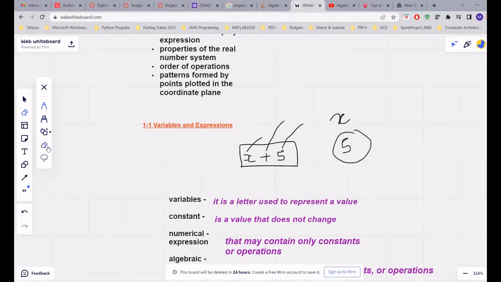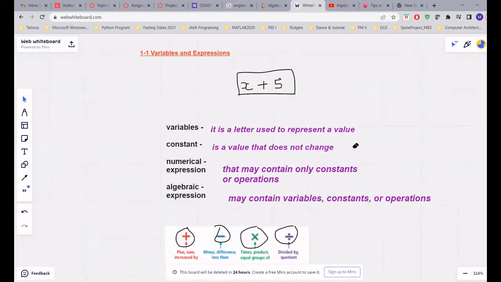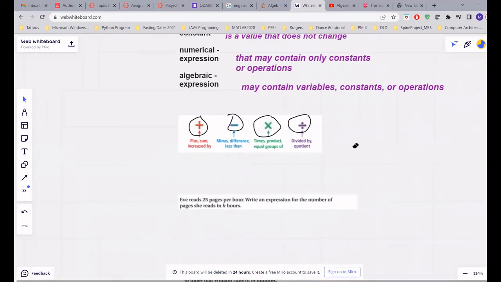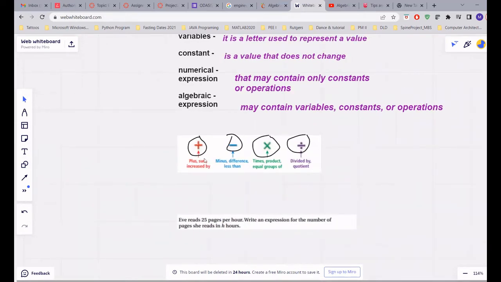I hope you have understood the different vocabulary used in algebra. So now let's move on to the next topic. So just to recap, what are operations?